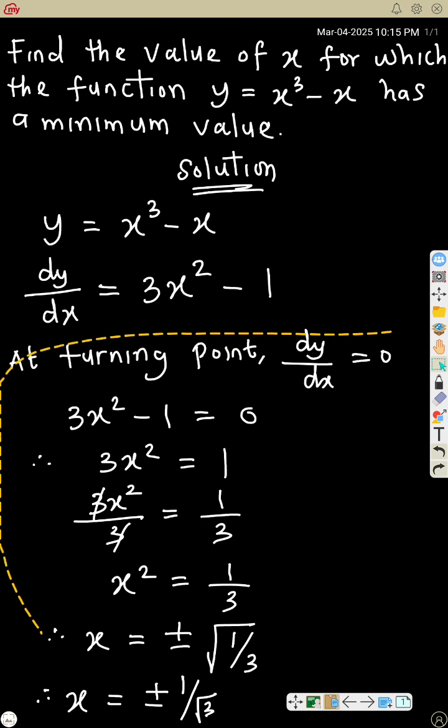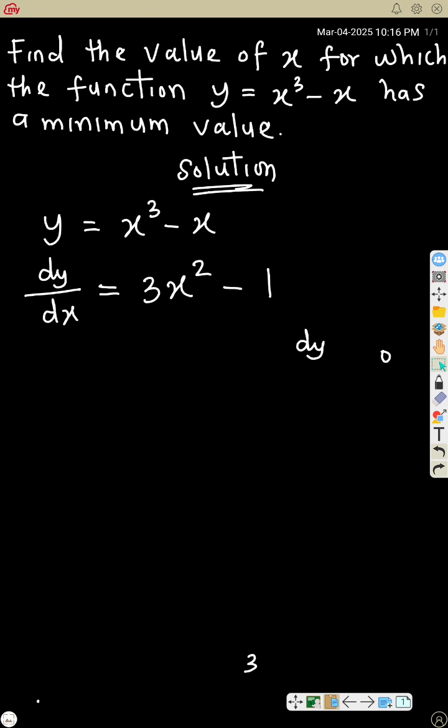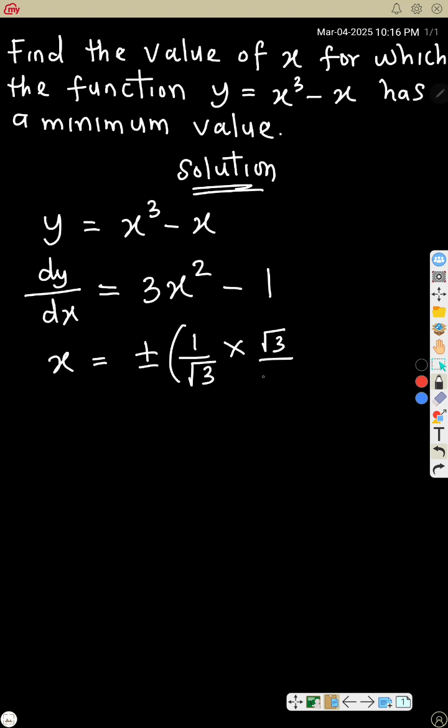So let's rationalize the denominator. x equals plus or minus 1 over root 3 times root 3 over root 3. So we rationalize the denominator. Multiply this twice.